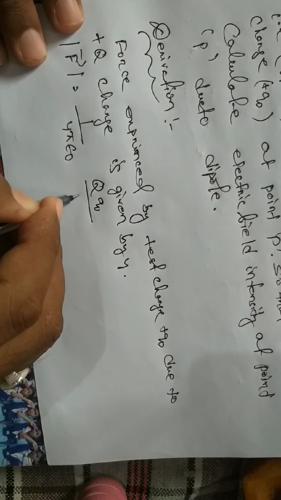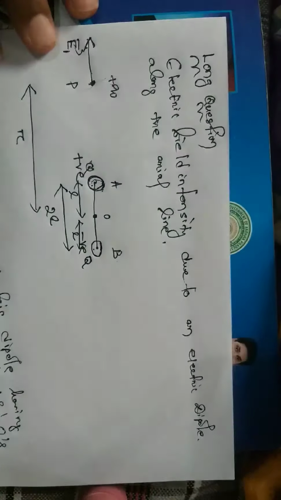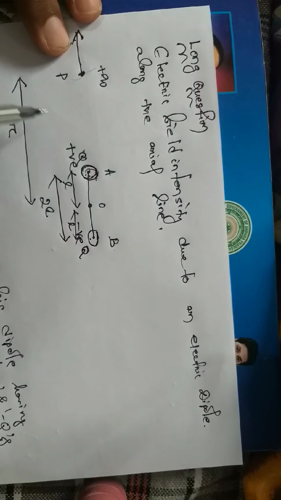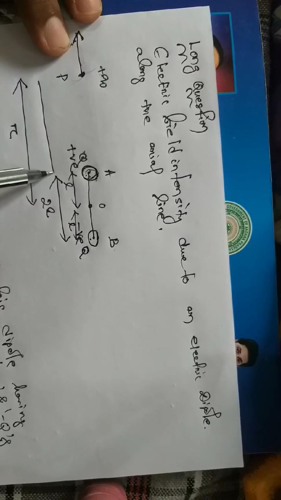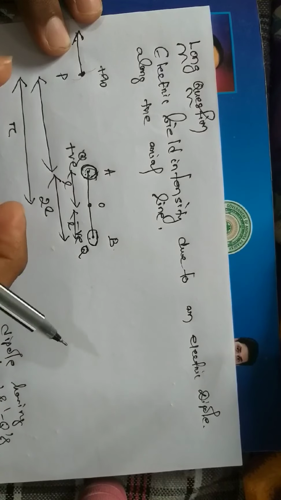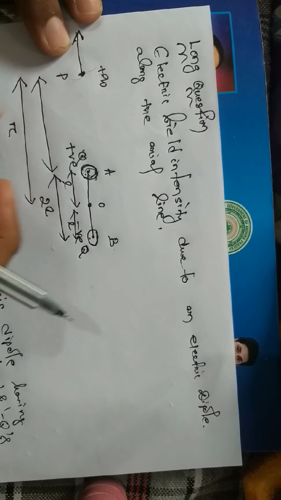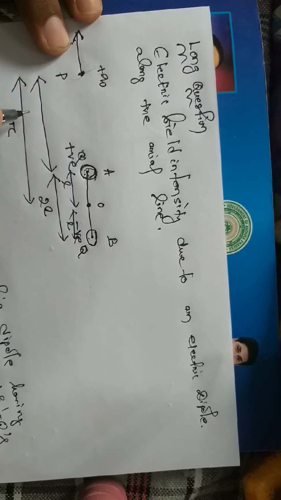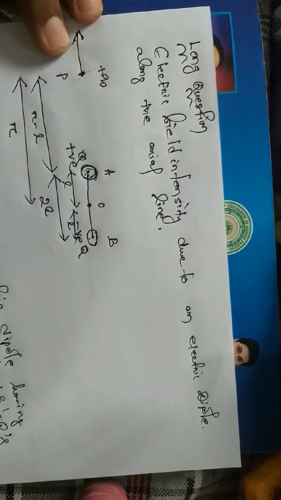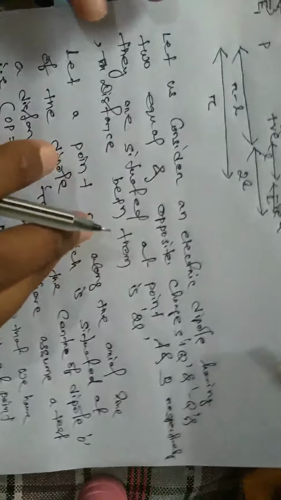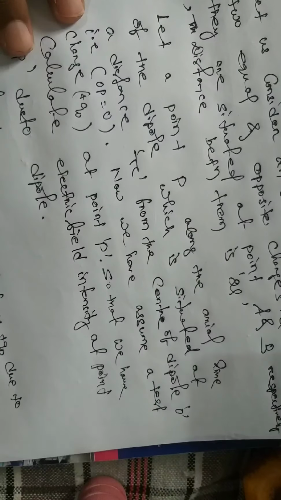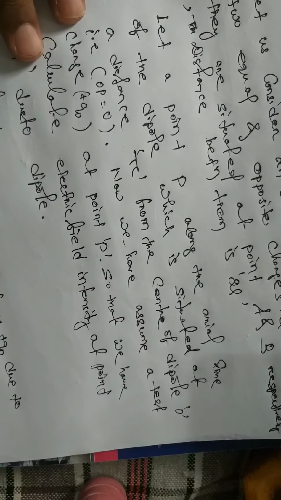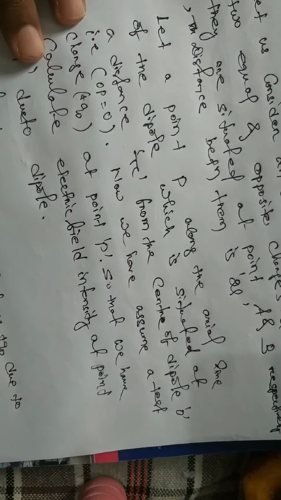Here r square means the distance AP squared. The total distance OP is r and the distance OA is l, so we subtract: AP is r minus l. So the distance AP is r minus l, and we write AP square.